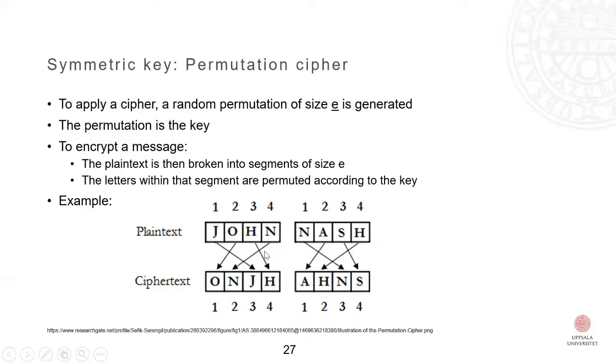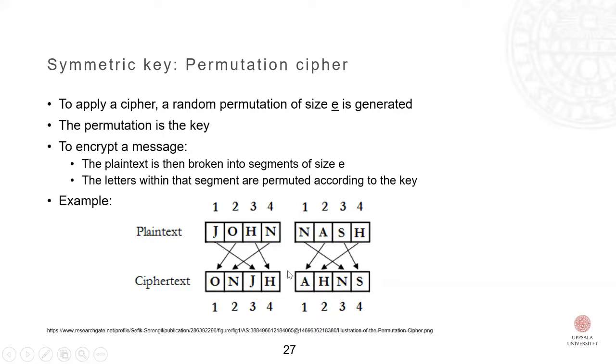In order to encrypt the message, you, as I said, break your message into chunks of size E, and then you move them around and have a permutation based on your key. For example, here in this case, the letter in the first place is moved to the third place, and the letter in the second place is moved to the first place, and so on and so forth.